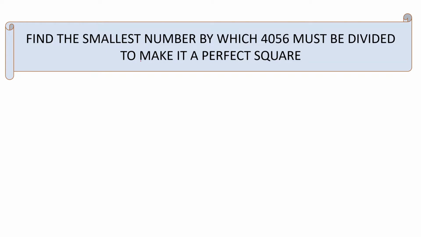First, find the smallest number by which 4056 must be divided. Since it is a case of division, we will use prime factorization. Number is 4056. We will start with 2. Why?